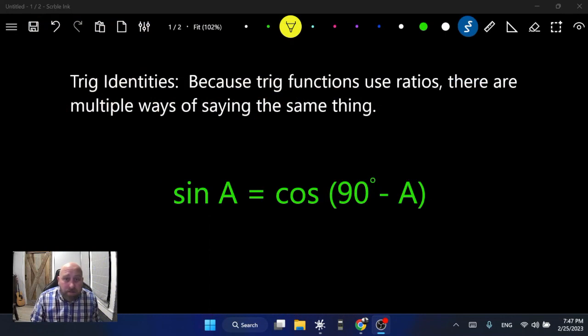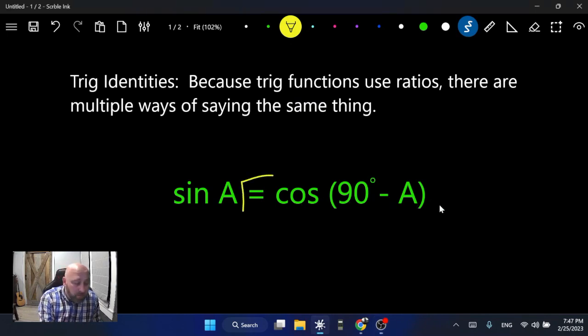Look down here, and we are going to be doing the trig identities to start. What is a trig identity? Because trig functions use ratios, we've talked about that, there are multiple ways of saying the same thing. The example I've listed is the sine of A equals the cosine of 90 minus A. That's the same thing.